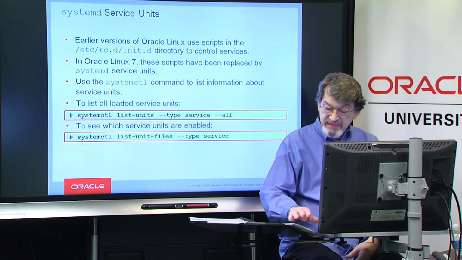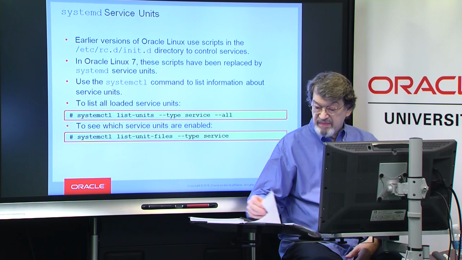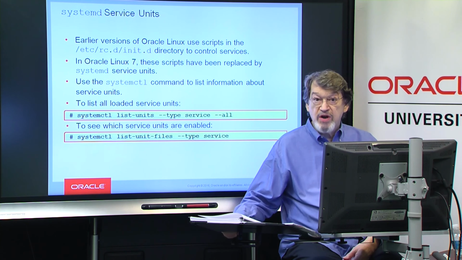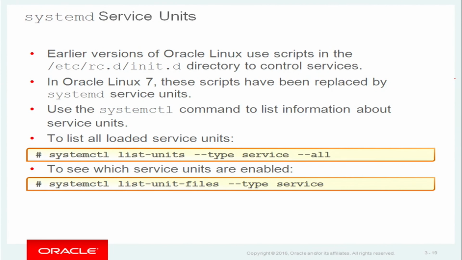Remember, we had a listing of services, targets, devices, file system mount points, and sockets. So all of those can be individually listed. We just picked the one here that's probably the most common.